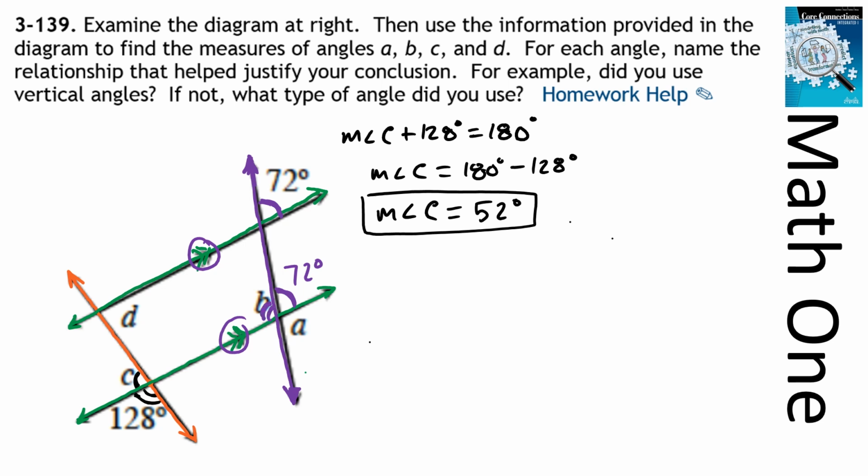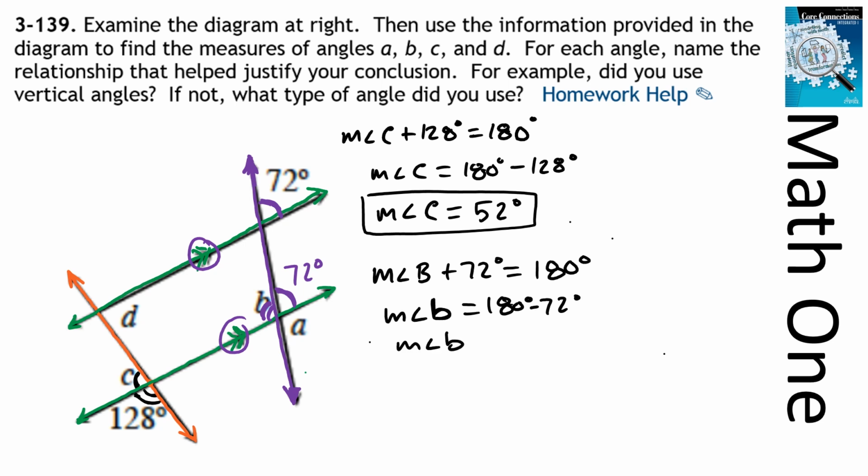So the measure of angle b plus the 72-degree angle equals 180. They have to add up to a straight line. So the measure of angle b is equal to 180 degrees minus 72 degrees. And by subtraction, the measure of angle B would be 108.